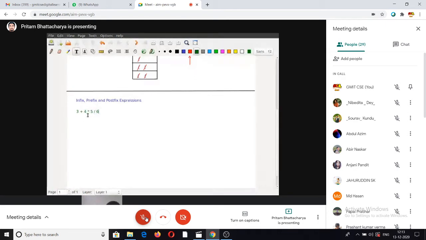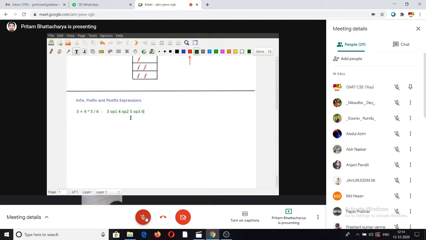Note that the form is like you have an operand, that is some value, followed by an operator. Here the first operator is plus, then again some operand like 4, then again some operator, let's say star, then again some value, and again an operator and a value.